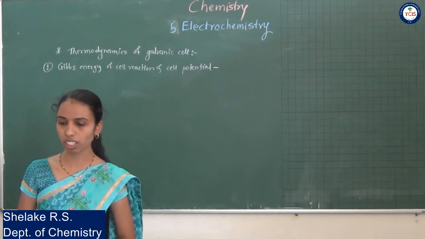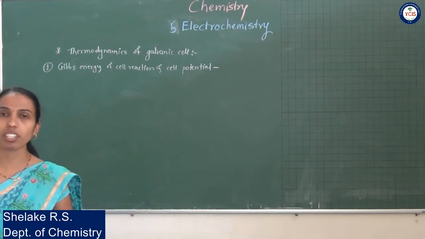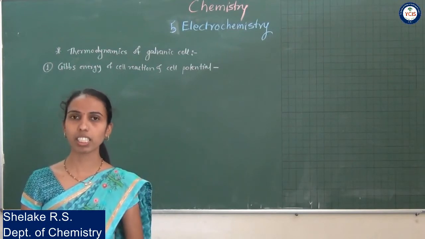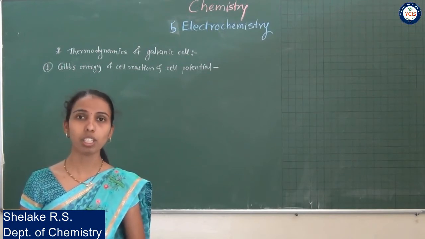Now when we are considering the Gibbs energy, see here, the electrical work done in a galvanic cell is nothing but the electricity or the charge passed through the cell multiplied by its potential.